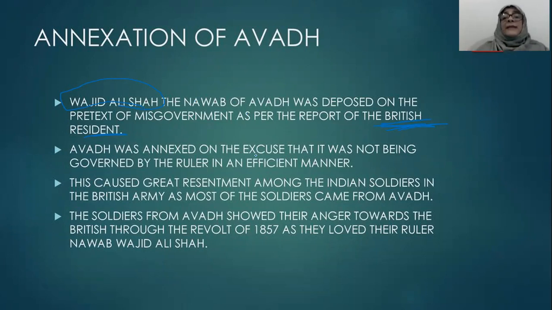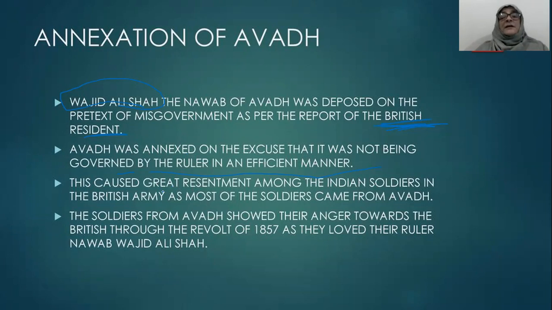It was annexed on the excuse that it was not being governed by the ruler in an effective manner, according to them. So now they were trying every possible way to take away our rule, our land from us.